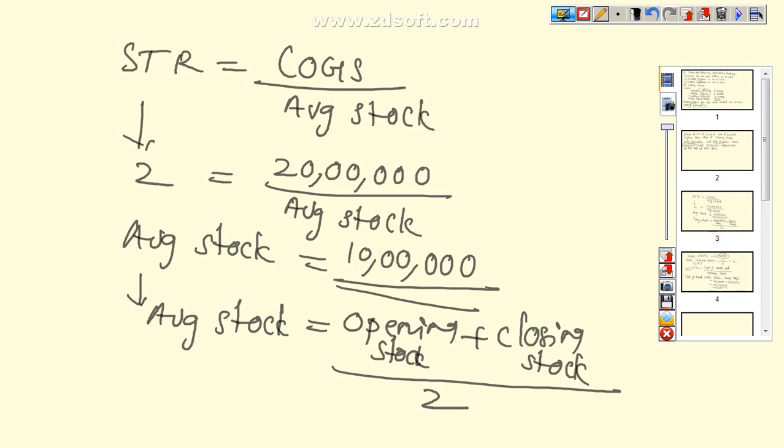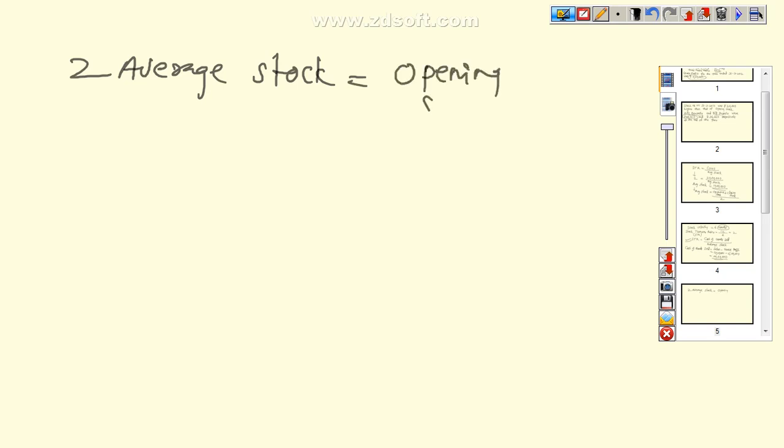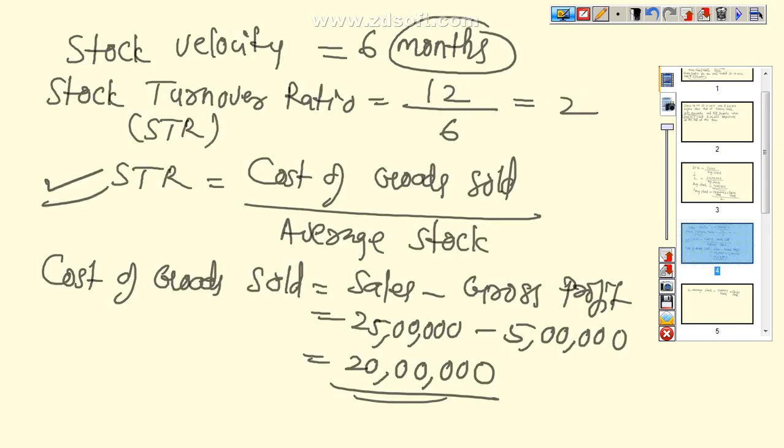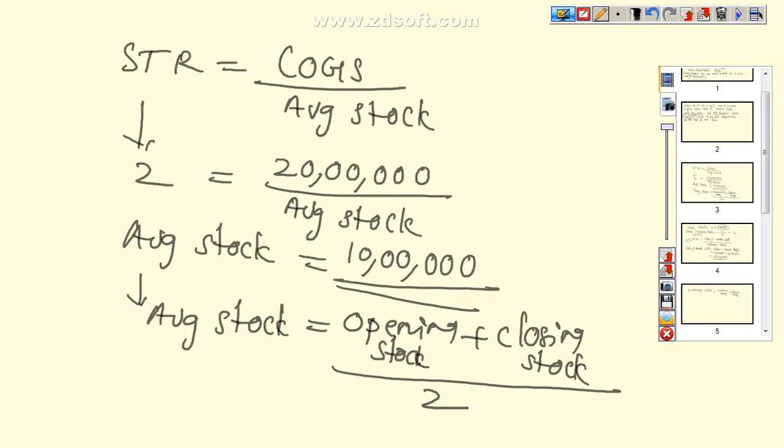So here we can write 2 average stock is equal to opening stock plus closing stock.